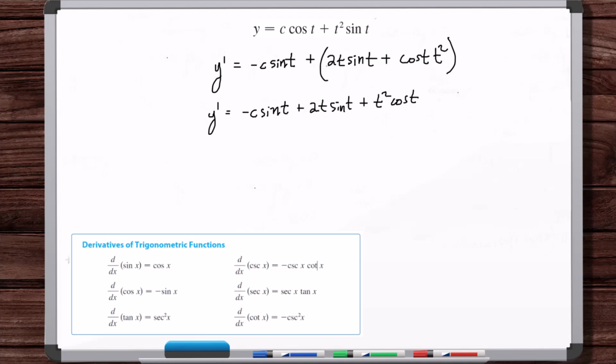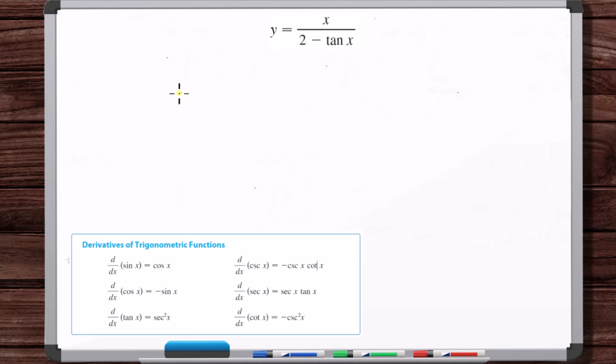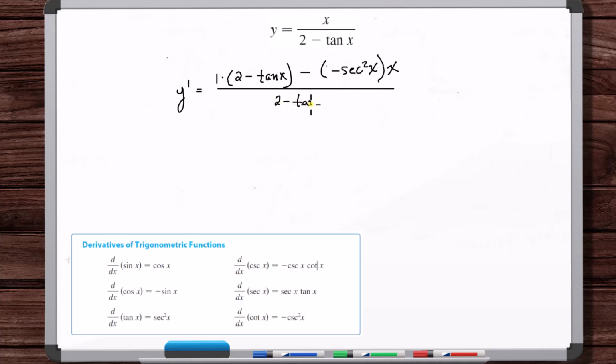And that's the derivative. Okay, here we need to use the quotient rule. So the derivative of the top, 1. The derivative with respect to x of x is just 1. Times the bottom, minus the derivative of the bottom. The derivative of 2 is 0. The derivative of minus tangent x is minus secant squared of x times the top, all over the bottom squared.